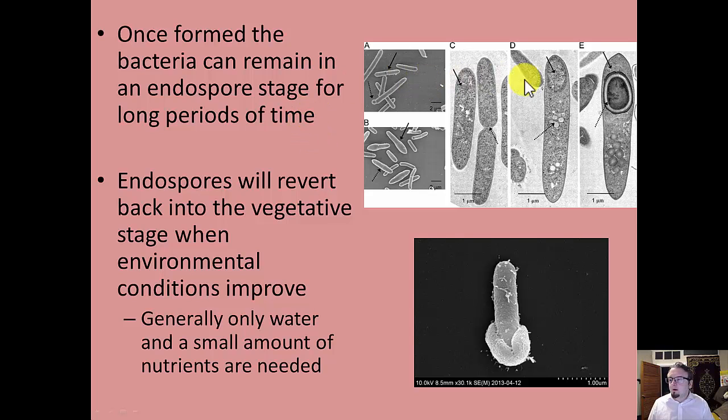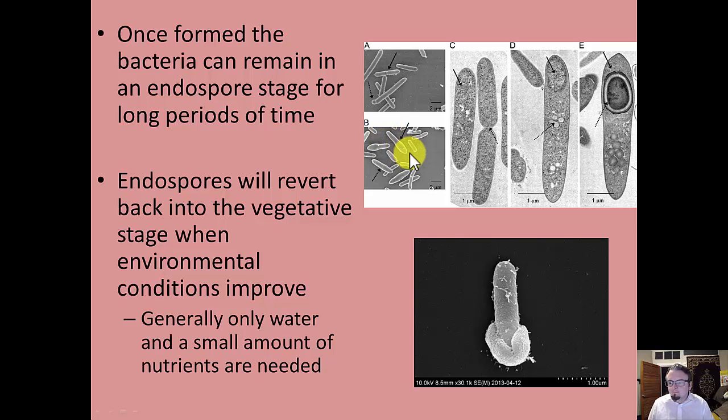The endospore, here are some images, by the way, showing what that looks like. Here, in figure A, you're looking at normal bacteria. Here you're starting to see them begin to form an endospore. Inside the cell, the endospore is forming on one end, so they get this kind of tapered look.